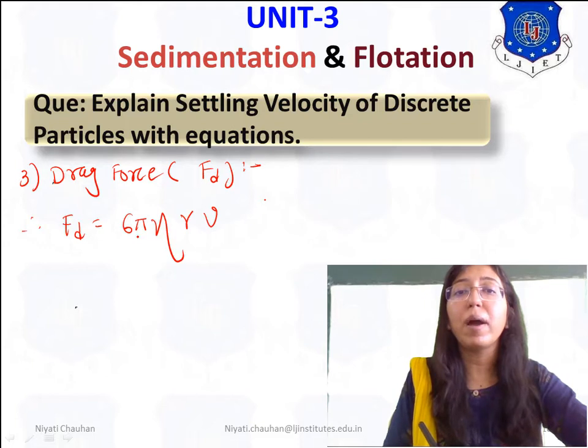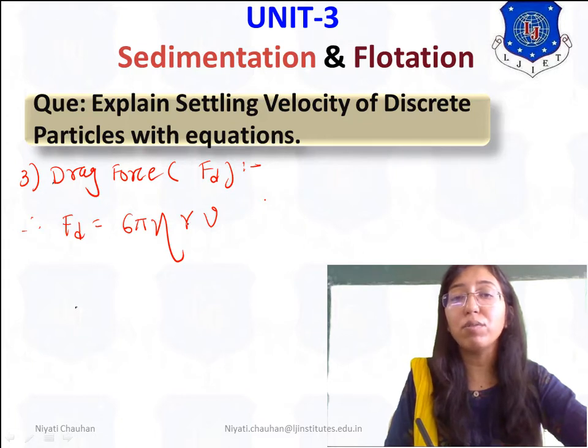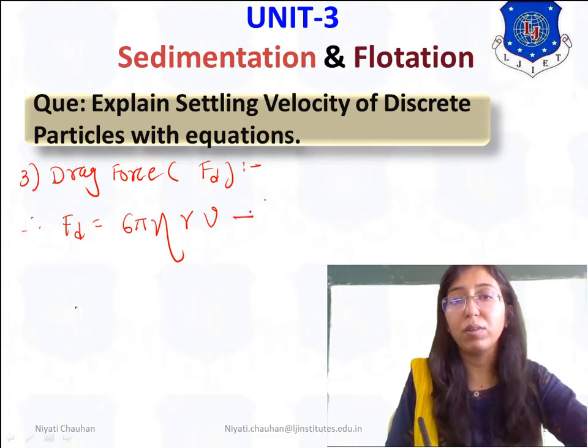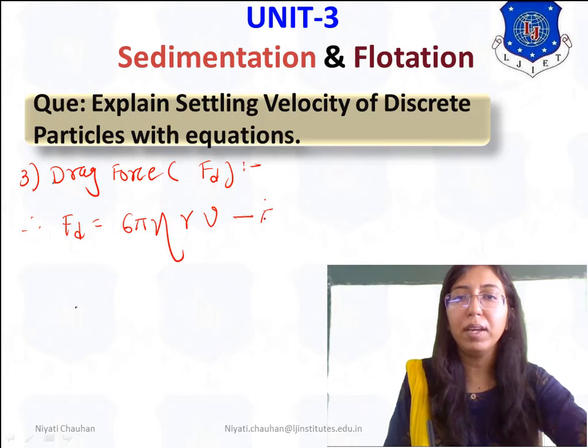Here 6 pi is a constant, eta is the viscosity of fluid, r is the radius of the object, and v is the velocity of the object. Give this equation number 5.